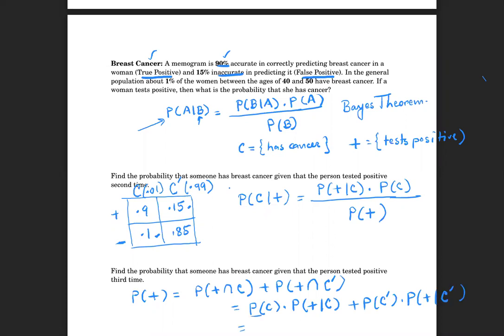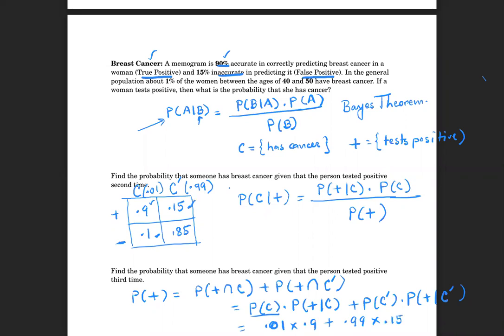Probability of cancer is 0.01 times probability of testing positive when someone has cancer, 0.9, which is this number. Similarly, probability of not having cancer is 99% times probability of testing positive when someone does not have cancer, 15%, so 0.15.